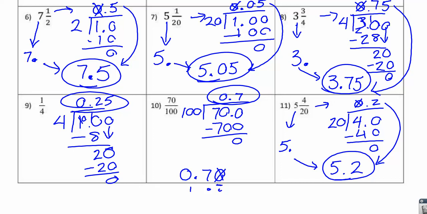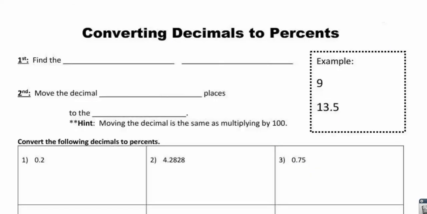All right, now let's talk about the easier of the two skills that we're doing today, which is converting decimals into percentages. So it's very simple. You find the decimal point, and then you're going to move the decimal 2 places. Oops, wrong 2.